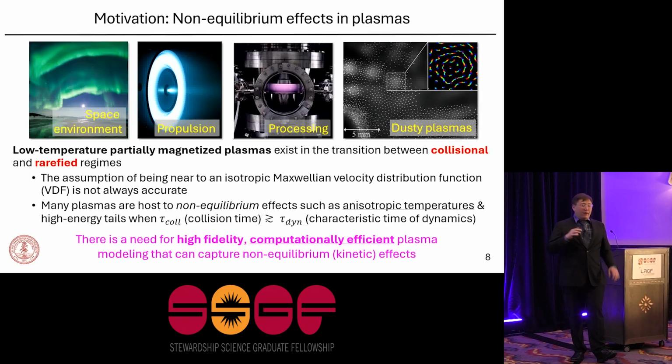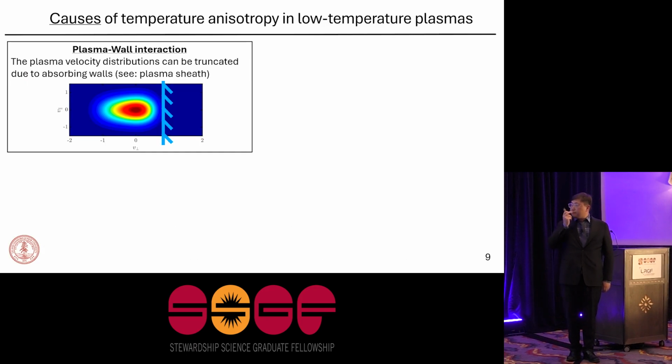But the plasma is only fully described by those three parameters in the limit of total collisional equilibrium. So what we're trying to do is develop a fluid model that can capture certain amounts of non-equilibrium or kinetic effects within a still fluid framework.